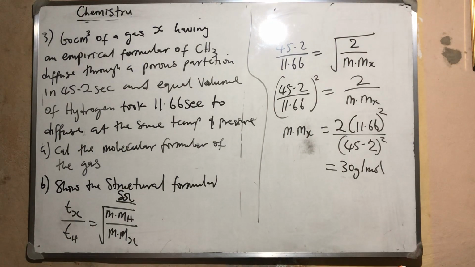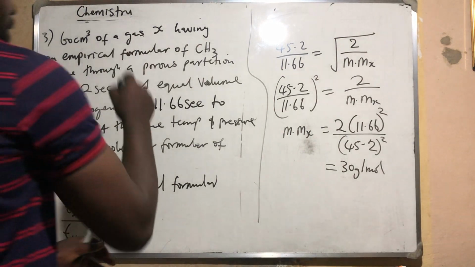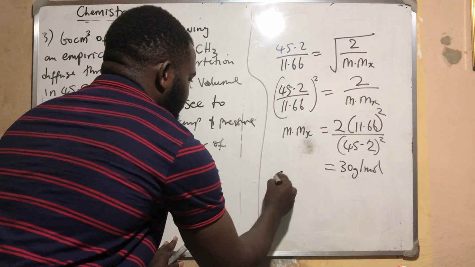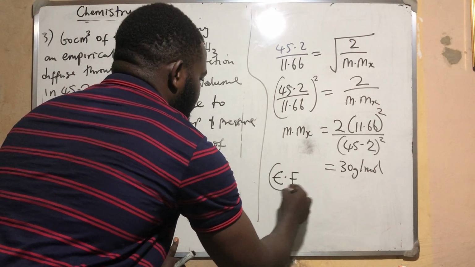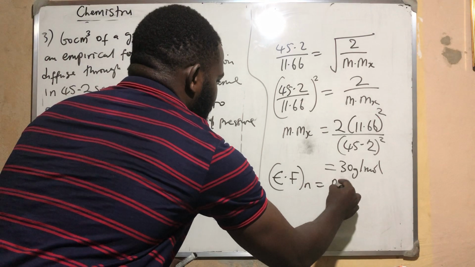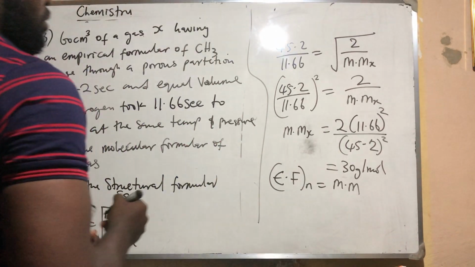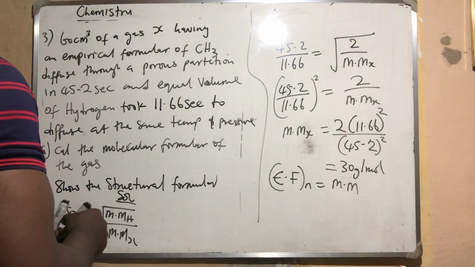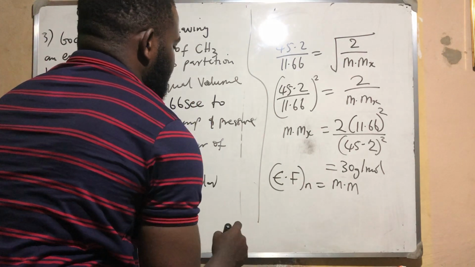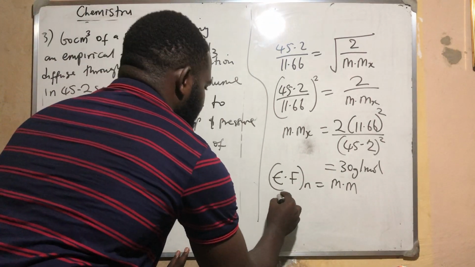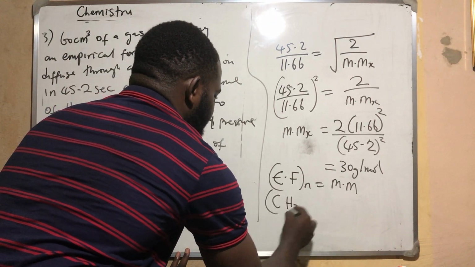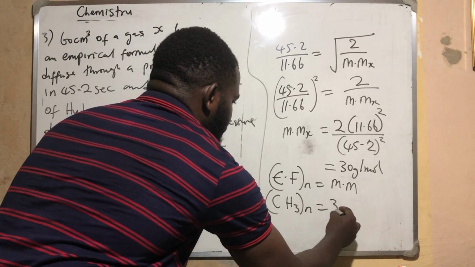So they say we should calculate the molecular formula. We know that empirical formula in bracket of N is equal to molecular mass. So the empirical formula CH3 in bracket of N is equal to 30.